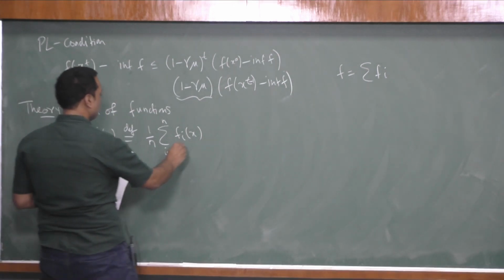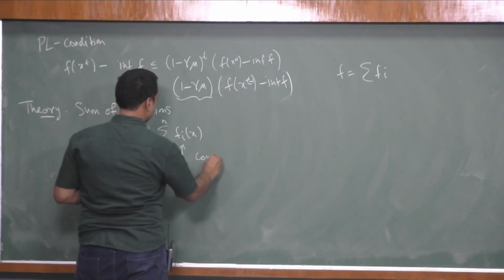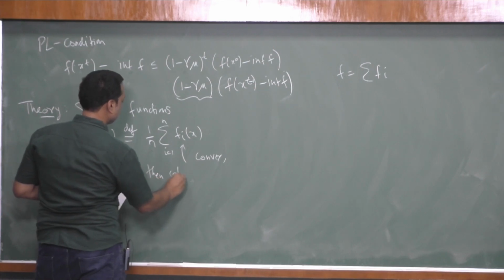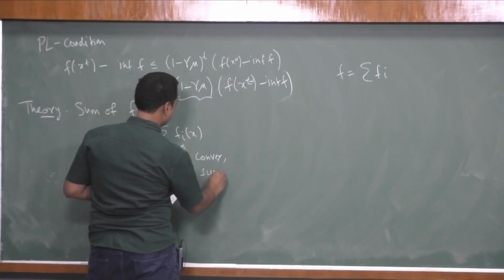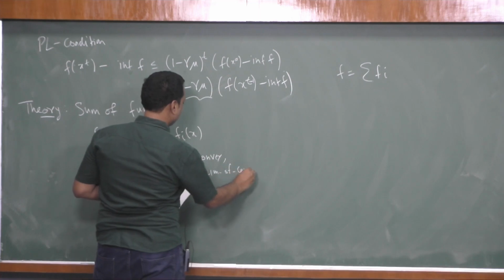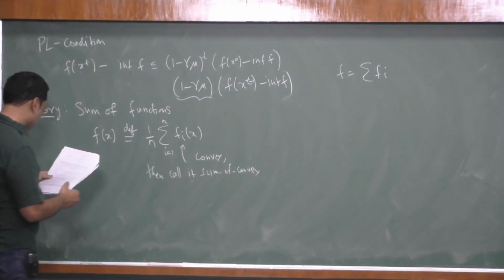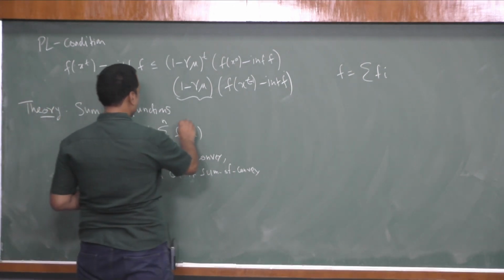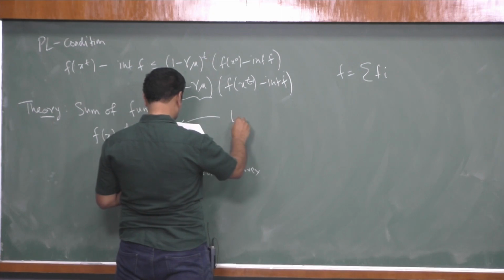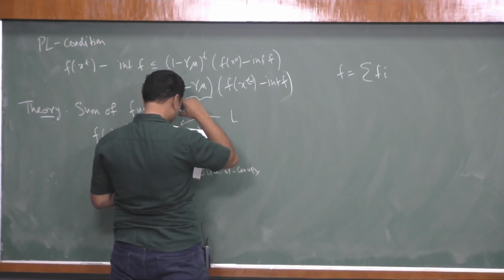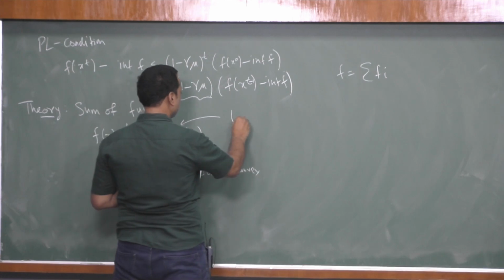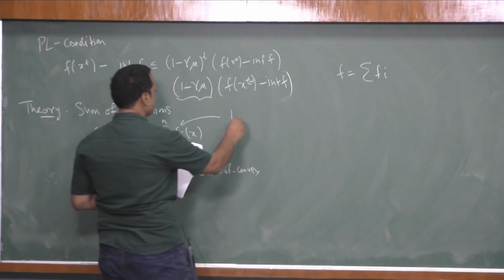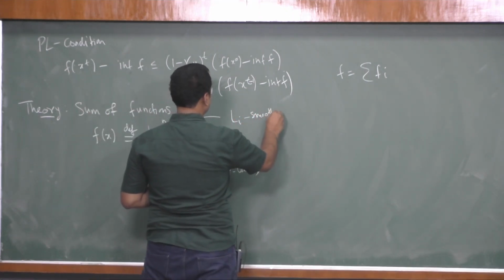So if these are convex, then we call it sum of convex, obviously. And if each of these f_i is L_i smooth, these are just the terminologies that we have. I defined all this in the last class.